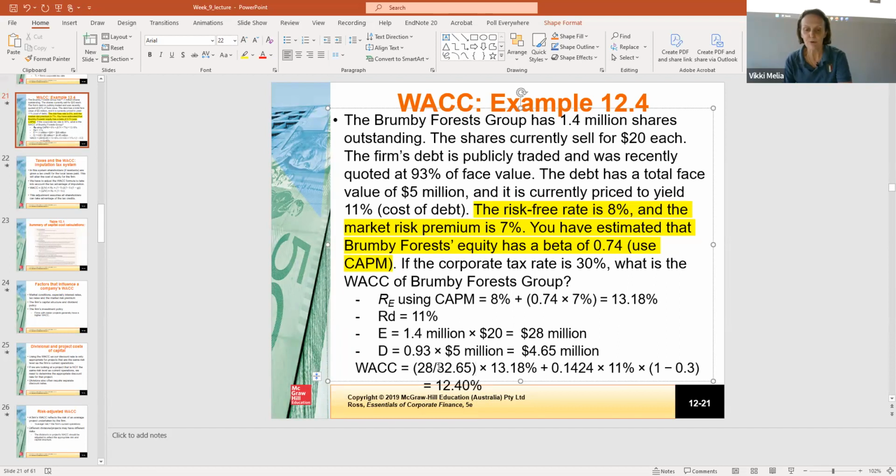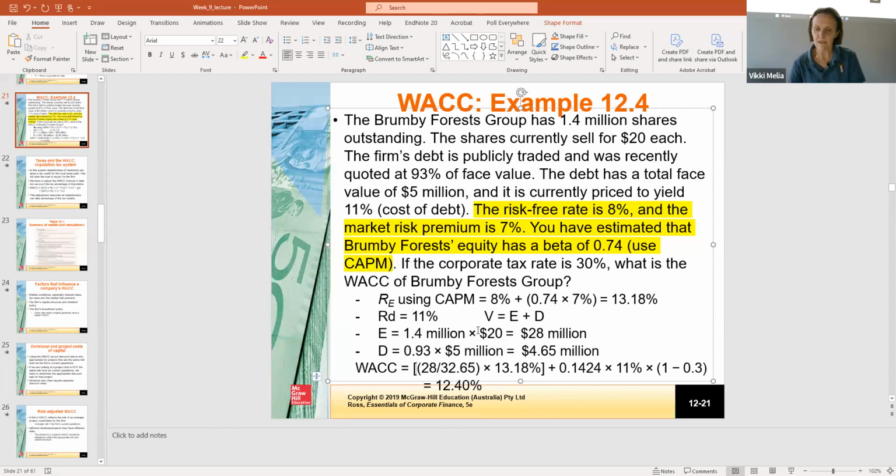So 32.65 is equity plus debt, the total value of the company. Because we saw before, V equals E plus D. So I've added them together to get V. So V is 32.65. So the weighting of equity is the market value of equity all over the total market value, multiplied by the cost of equity.